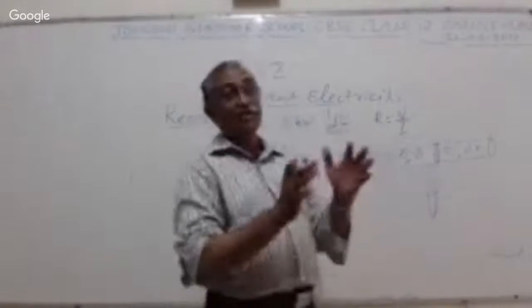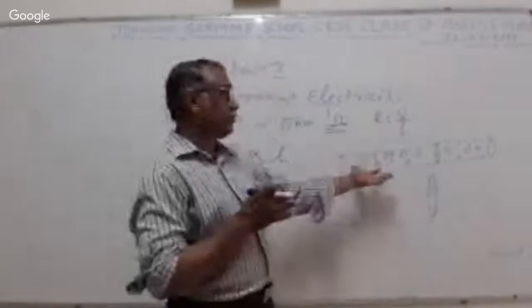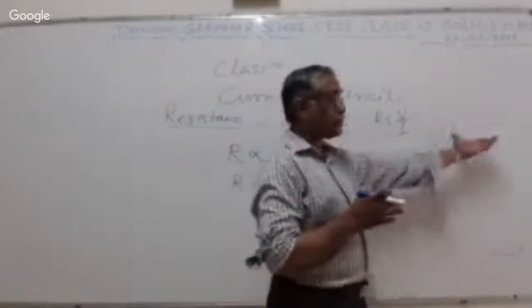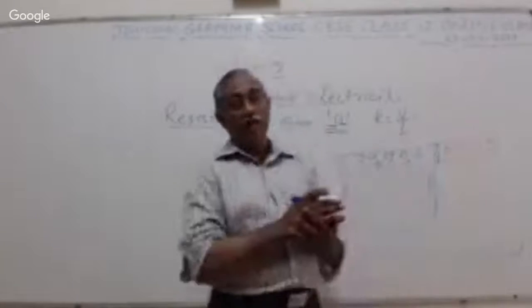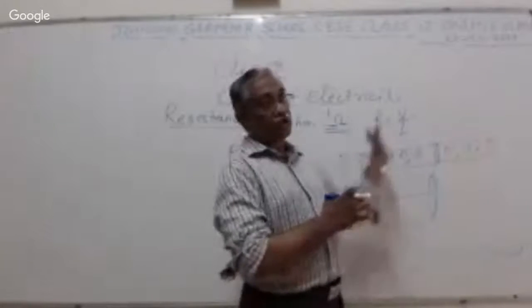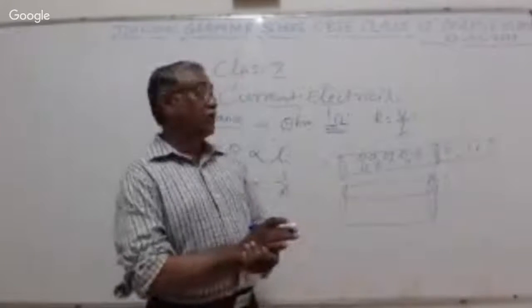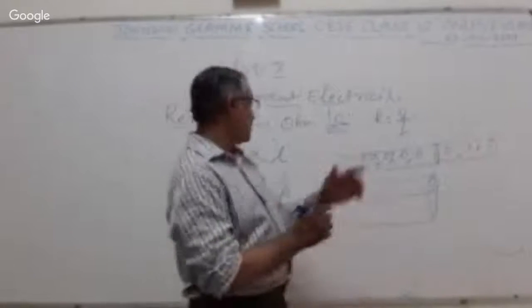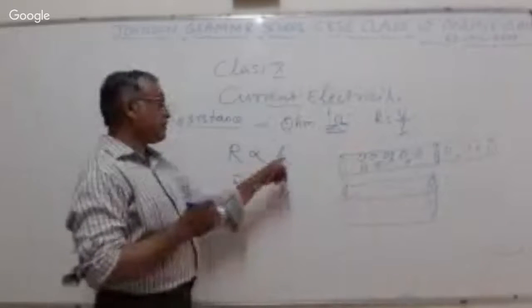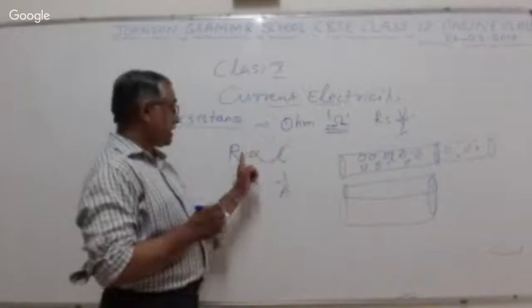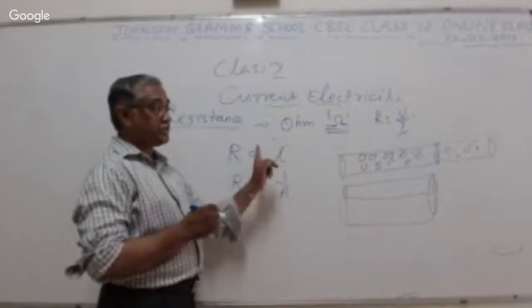So your resistance will be more. Same thing will be effective here also. When electrons are flowing from one point to another, the opposition will be there. And if you are traveling more distance, the length increases, more amount of opposition. So that is why we say that resistance is directly proportional to the length of the conductor. It means length increases, resistance increases.